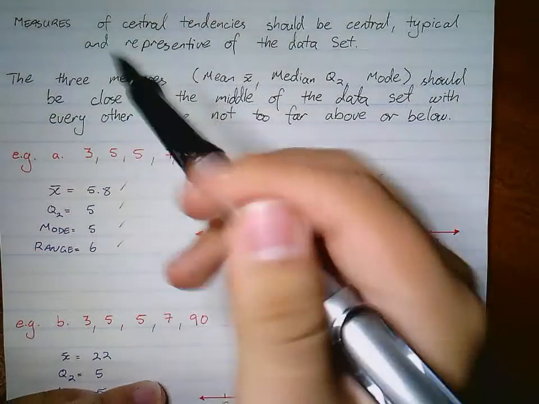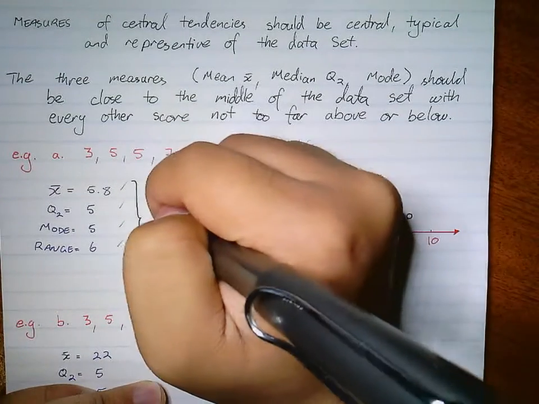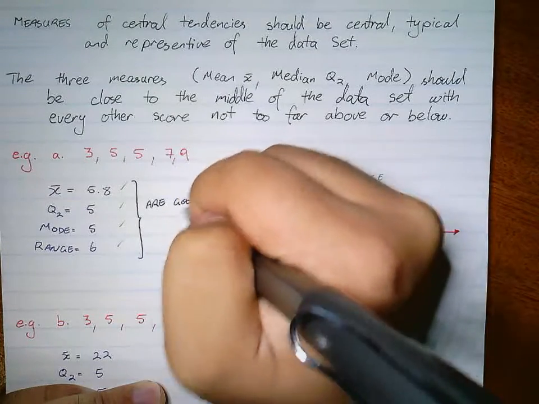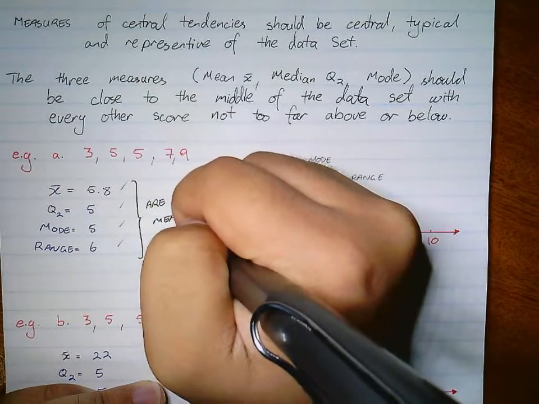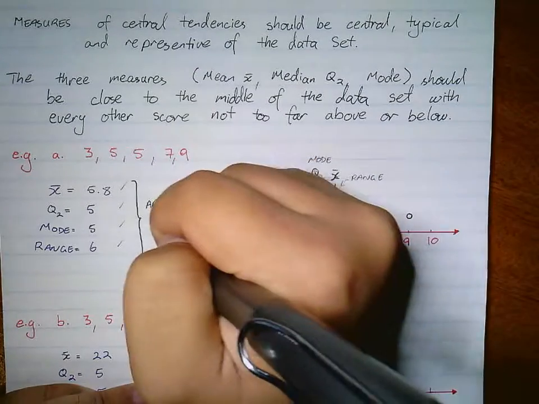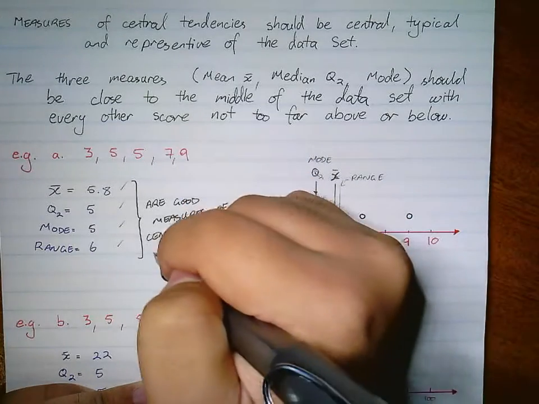So these four are good measures of central tendency.